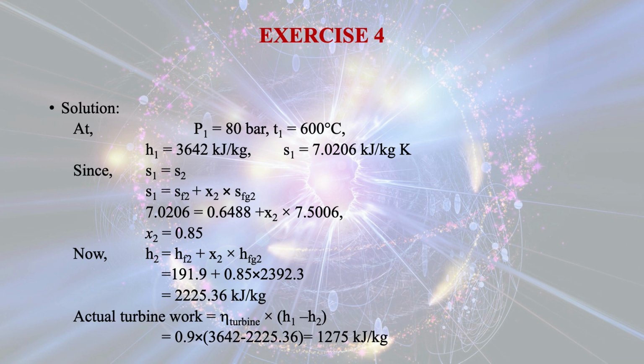H1 for this case is equal to 3642 kilojoule per kg, and S1, the entropy at state 1, is equal to 7.0206 kilojoule per kg K. Since it is an isentropic process, S1 is equal to S2, and S2 is equal to SF2 plus X2 multiplied by SFG2, so you can calculate the dryness fraction or quality of steam. For this problem, it comes out to be X2 equal to 0.85.